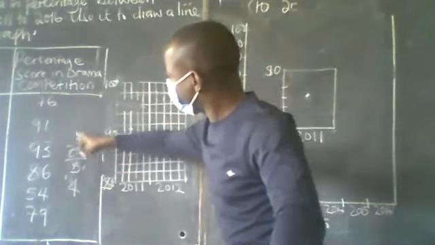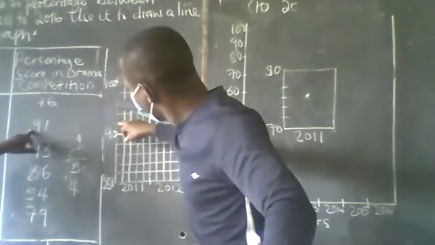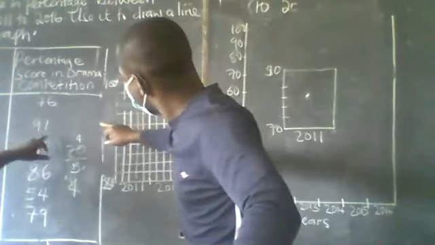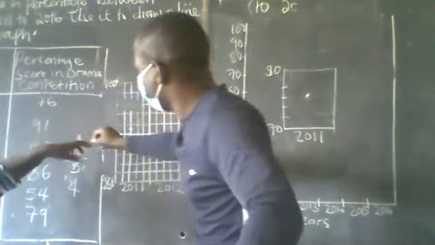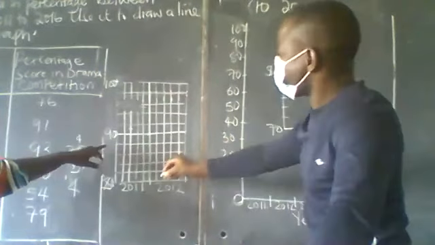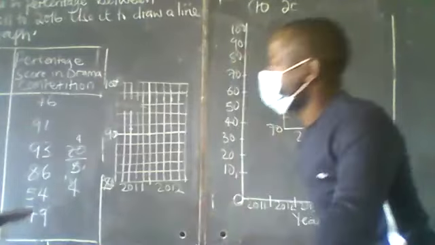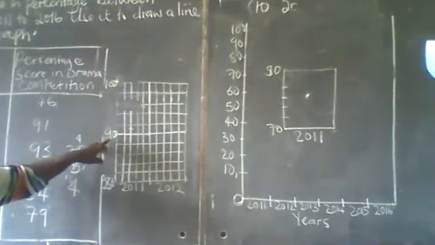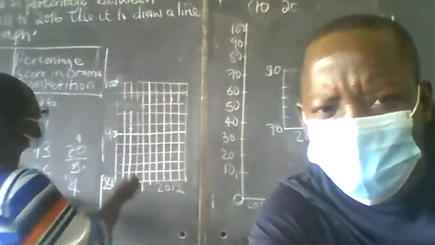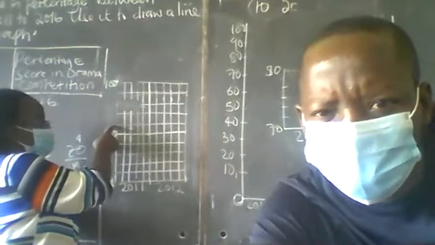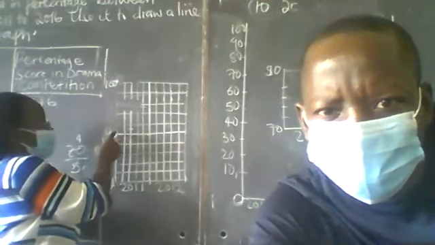So we are looking for 91 for 2012. So if we're to look for 91 for 2012, I'm saying this is supposed to be 92. So it has to be in between the box for 90 and 92.